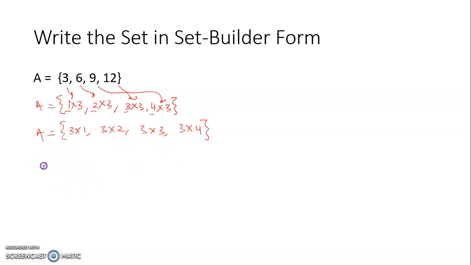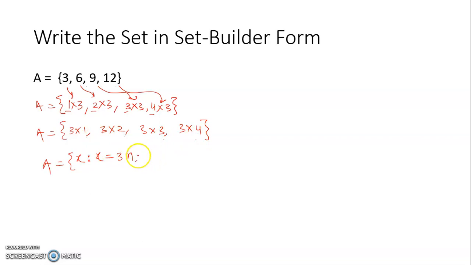So if I am representing natural numbers by a small letter n, which we generally do, x is going to represent a member of this set. What is the nature of x? Nature of x is 3 multiplied with a natural number. Look at this, natural number is 1, 2, 3, 4 multiplied with 3 every single time.